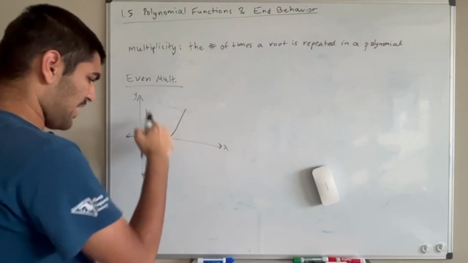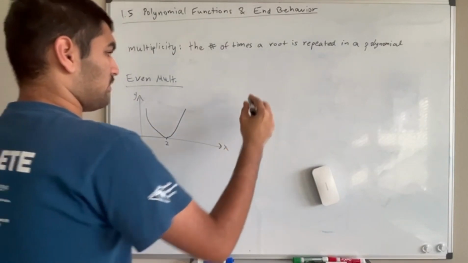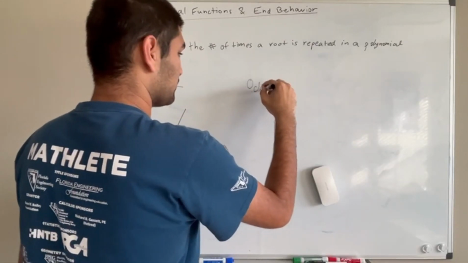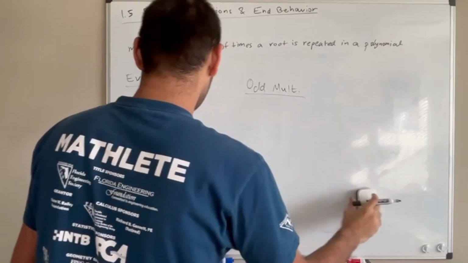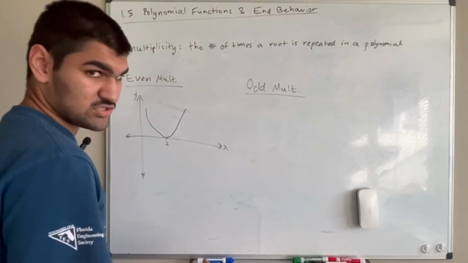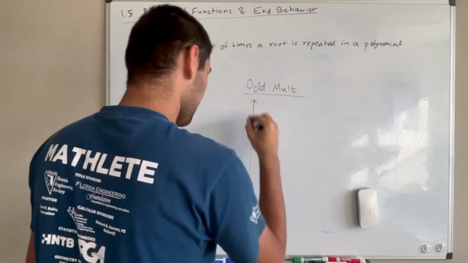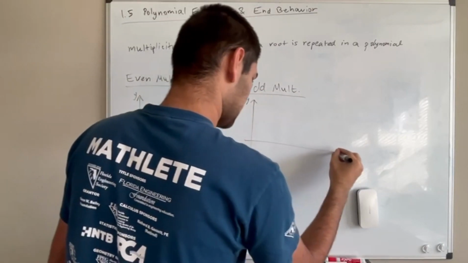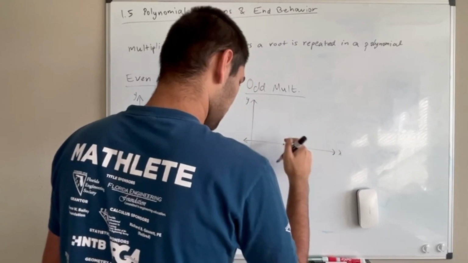So it just kind of bounces off the x-axis and goes back up. But on the other hand, for odd multiplicity, the graph crosses the x-axis. So let's say you have some function that looks like this, or like some zero.